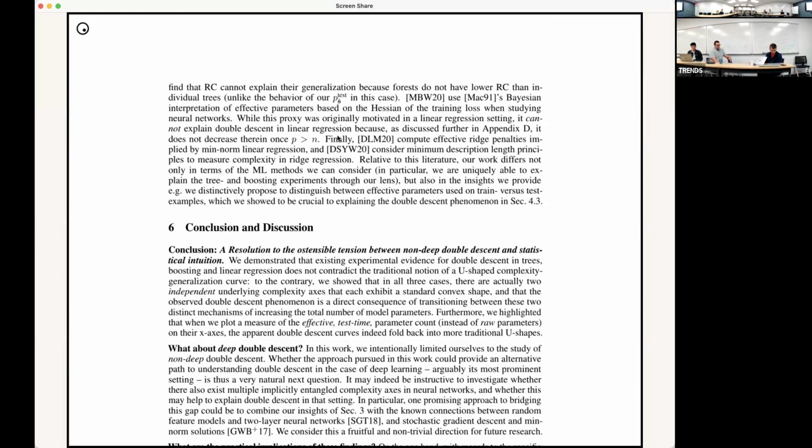Yes, so here they're claiming that since the Belkin et al. paper at PNAS, the field was wondering, wait a second, the previous wisdom of 50 years about the U-shaped learning curve, how could we be so wrong? And so with this paper, they explained that they weren't wrong. The classical statistics still holds, as long as you distinguish those two classes of parameters. The classical statistics applies in both spaces.